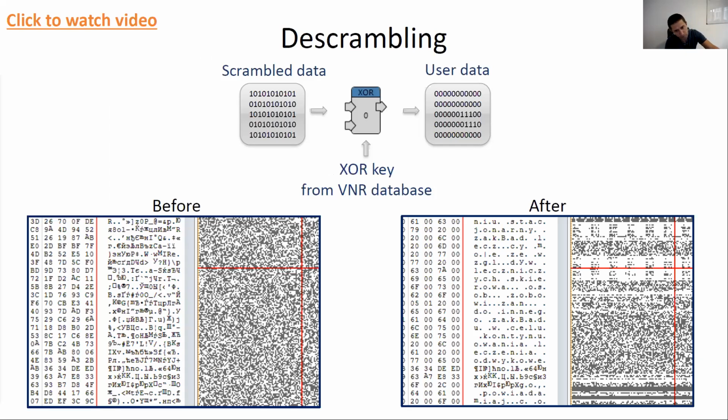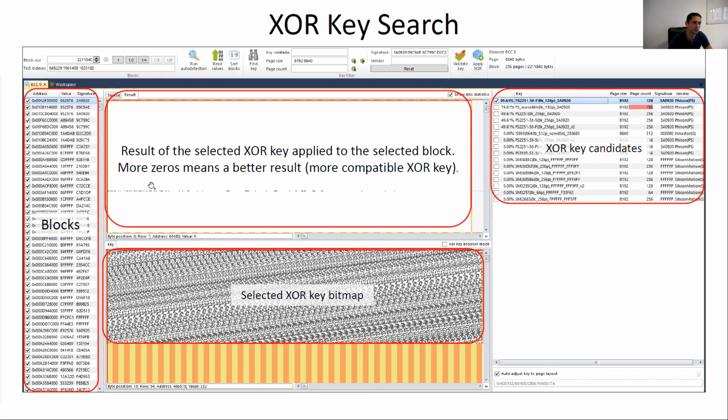database. And how can we do that? How do we select the key? The software gives us a list of probably good XOR keys for our case, and probably good blocks for testing those keys.